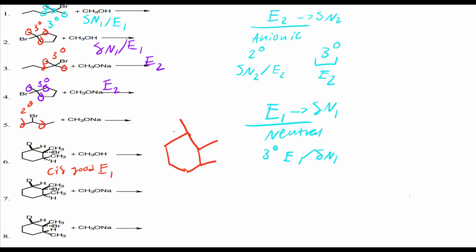So because cis is good, we can actually make a double bond here, here, here, or there, maybe, or even there. But which one is the best one? Well, I'm just going to tell you straight up, it's going to be this one, or it can be that one. Why?